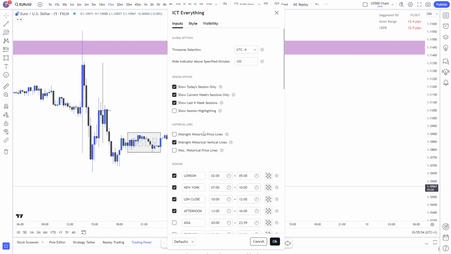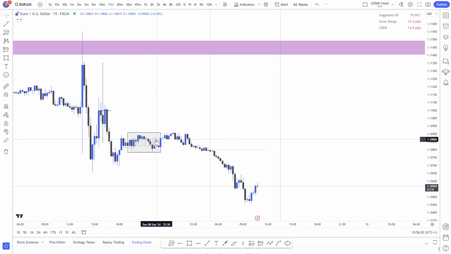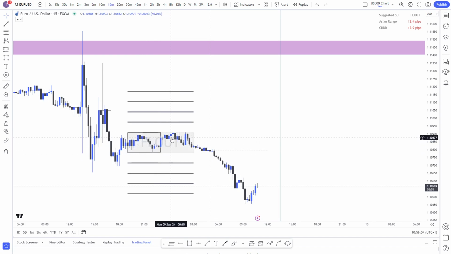Now, just for context, if I come down to this here and I play with this and I offset the central bank dealers range and I use the flout instead, it's going to change. And it's going to change dramatically. As you can see, it's picked up the Asian range or an Asian range. I'm not a massive fan of the flout.